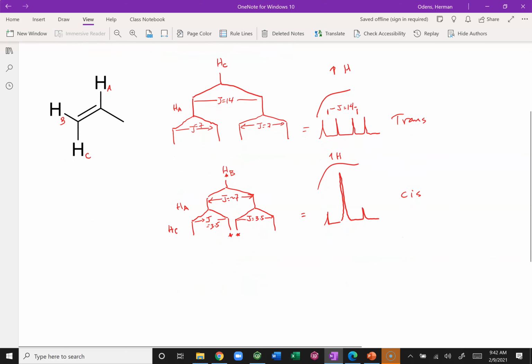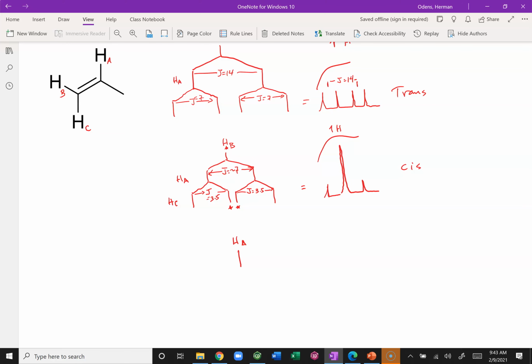All right, it gets even crazier here. Let's now do HA. HA starts with a signal on its own without any neighbors. All right. Then HC is going to have that long coupling on it. J is again equal to 14. Then HC will split HA in two. It's going to duplicate it because it's 1 plus 1. It has one neighbor, so 1 plus 1 is 2.